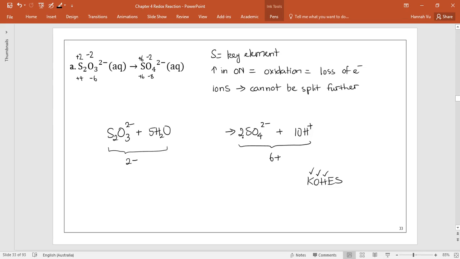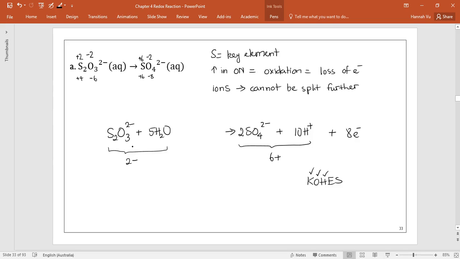If you have 2 SO4 2 minus, it will contribute a total charge of 4 minus, and 10 H+ will be 10 plus. So the overall charge is 6 plus. In order to balance the charge, because electrons are negatively charged, I will have to bring 6 plus down to 2 minus. So I'm going to add 8 electrons to the product side. And notice how this fits with our prediction earlier that this is oxidation and should have a loss of electrons.